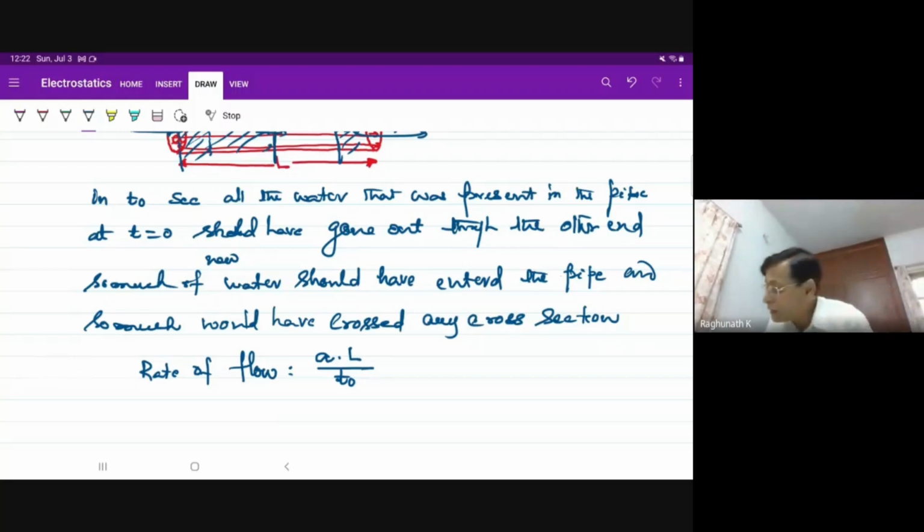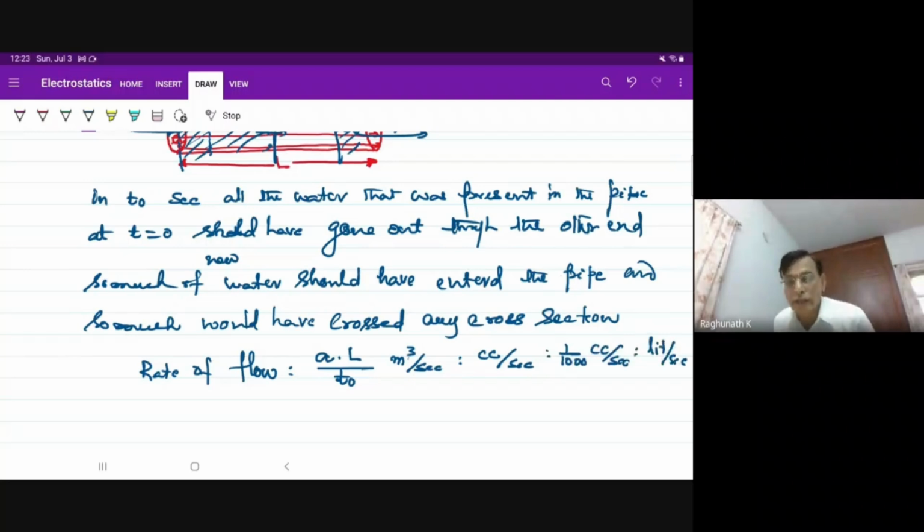So many meter cubed per second, or if I have taken everything in centimeter, right? Centimeter cubed per second. With 1 by thousands of centimeter cubed per second is liters per second, correct?